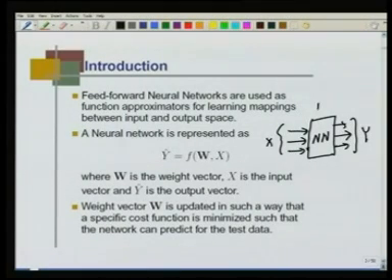Neural network is characterized by weight vector w. Then my output of neural network is a nonlinear function of weight vector w and input x. Weight vector w is updated in such a way that a specific cost function is minimized such that network can predict for the test data.